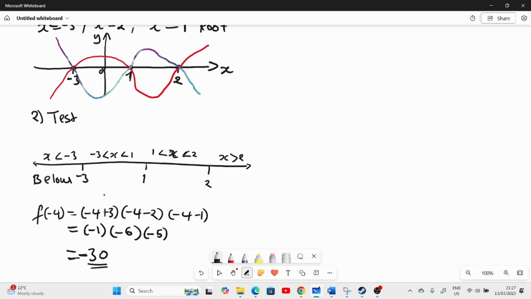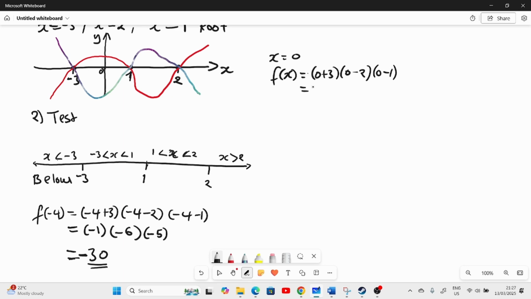Let's check further what will be the behavior of this graph for values between -3 and 1. Let's pick any value. I would pick 0 if I were you. For x = 0, you're going to have 0 + 3, 0 - 2, and 0 - 1.